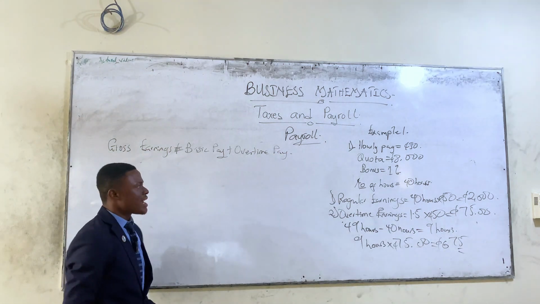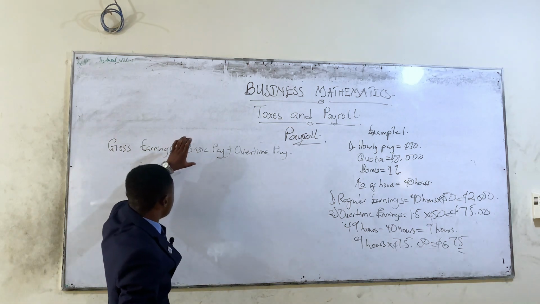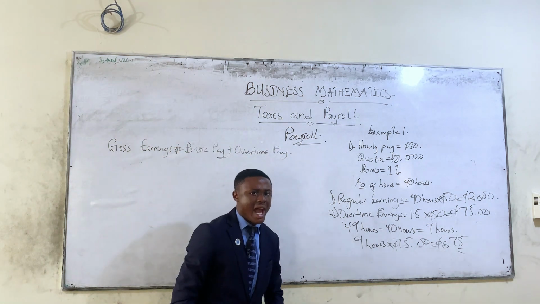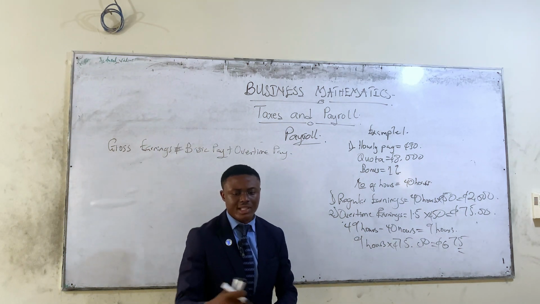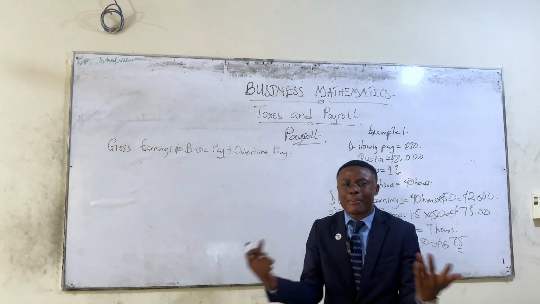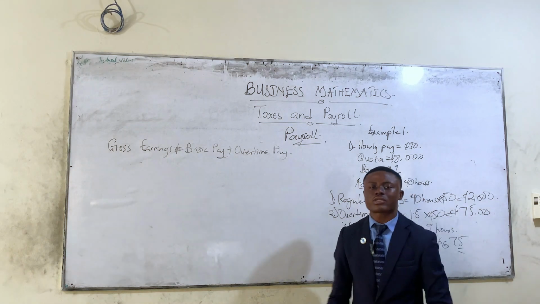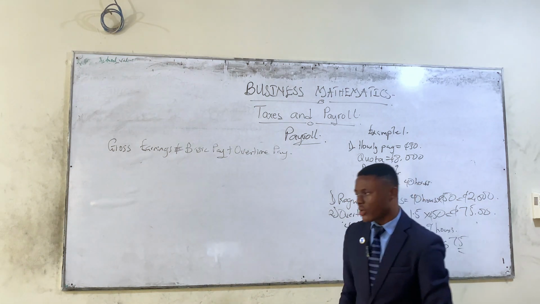But here's the case that with this question, he is not only earning basic pay and overtime pay, he is earning a commission at the same time, as a bonus. The question says he earns 5% commission on all sales above 8,000. We have already learned commission and how to calculate commission when they exist.